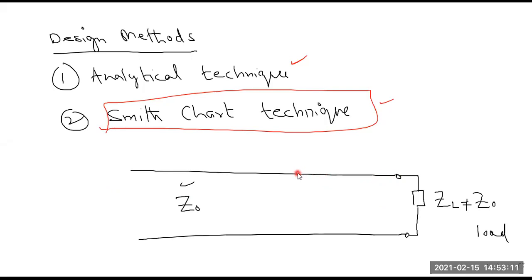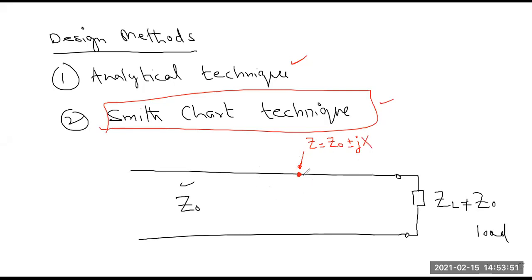We need to find a point on this transmission line where, let's assume there is a point which I'm representing with this dot, the impedance is equal to Z0 plus or minus jX.